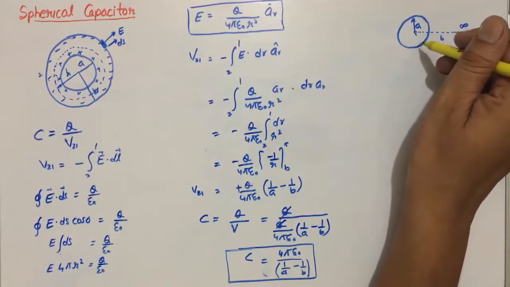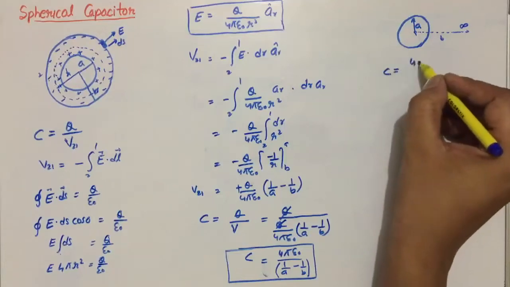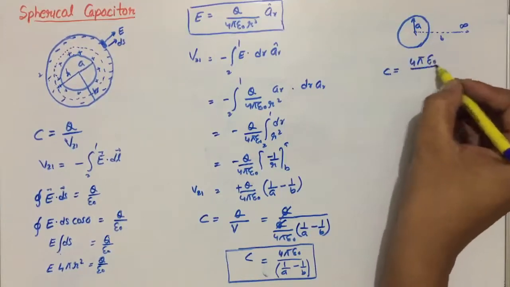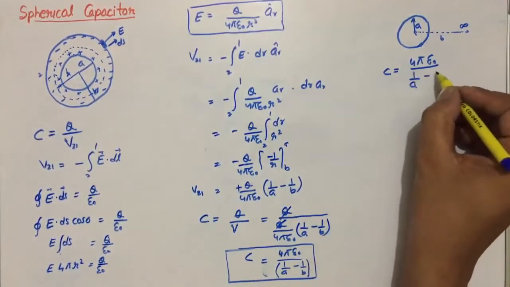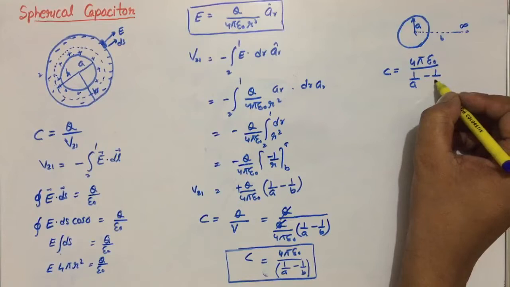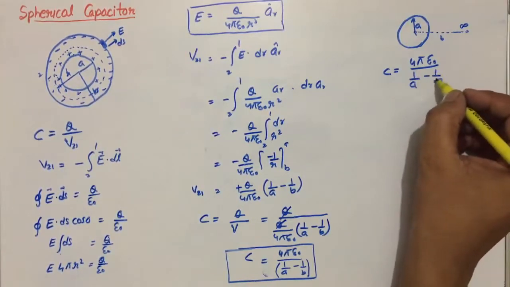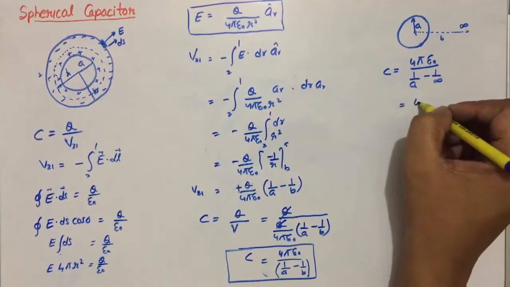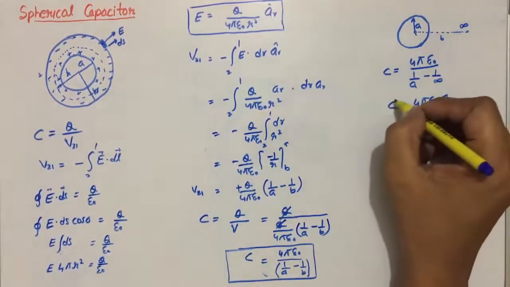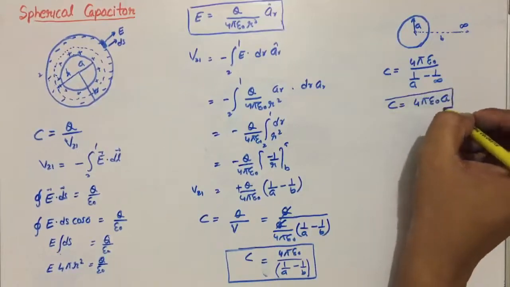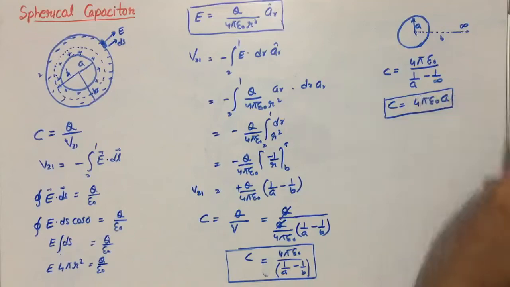And if the isolated sphere is there, then C will be 4 pi epsilon naught divided by 1 by a minus 1 by b, where 1 by infinity is 0. So what we can say, 4 pi epsilon naught times the radius of the sphere will give you the capacitance of the isolated spherical body.